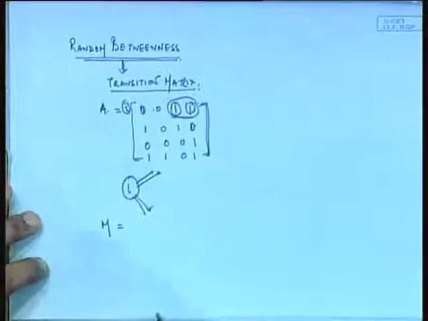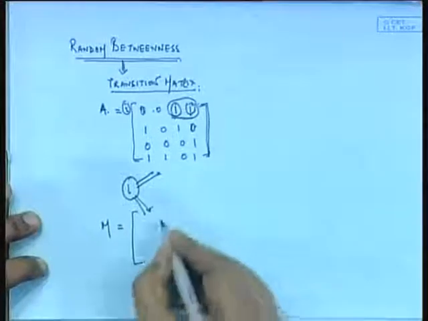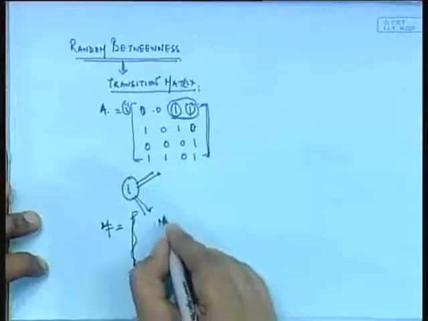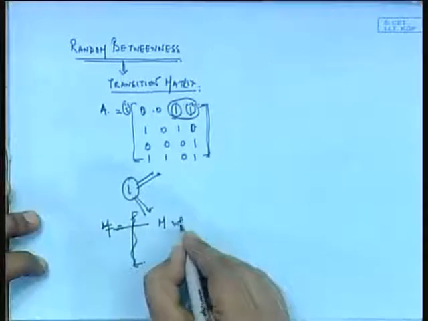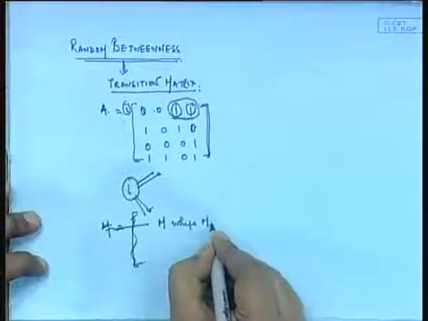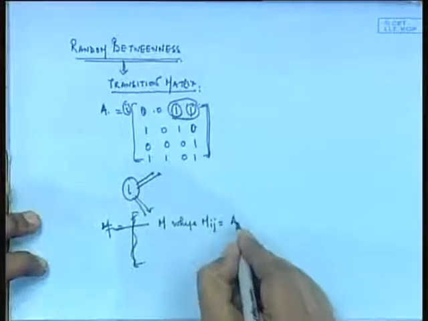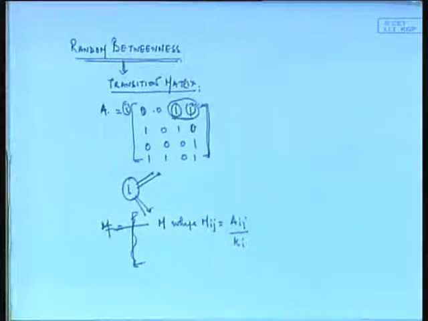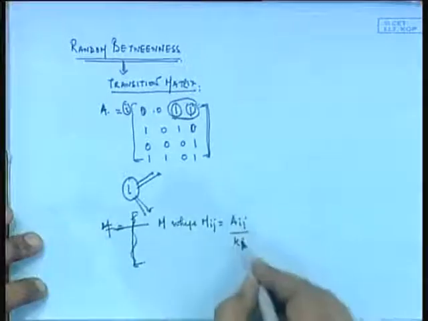From A I can perhaps build up an M, where Mij is equal to Aij by Ki. Okay. So I can perhaps build up an M where Mij is Aij by Ki or Kj.